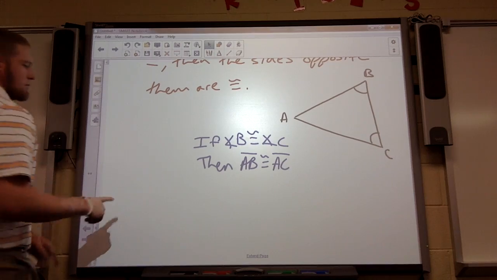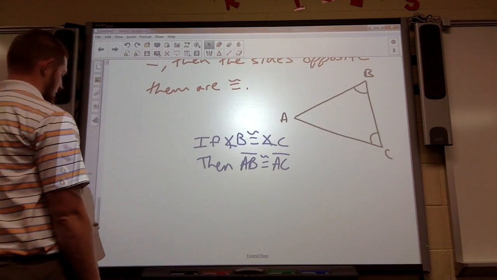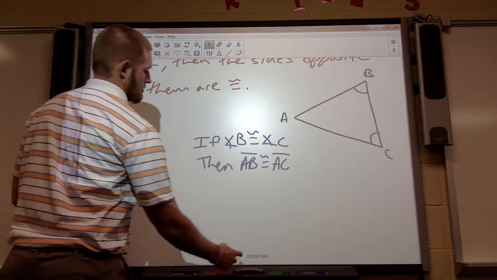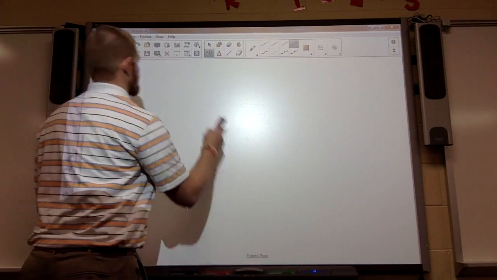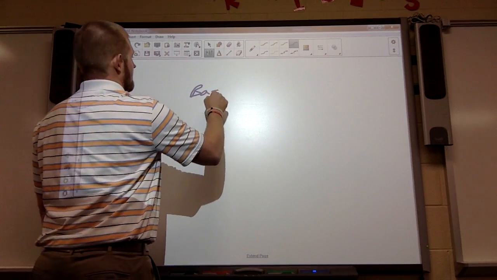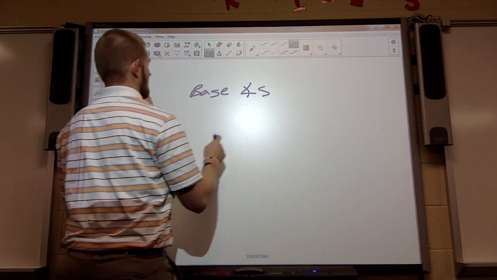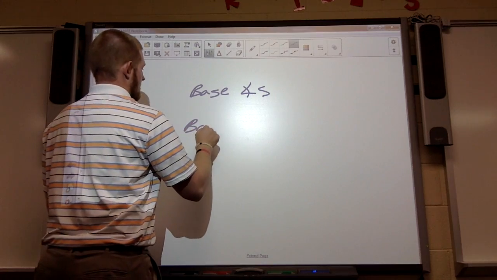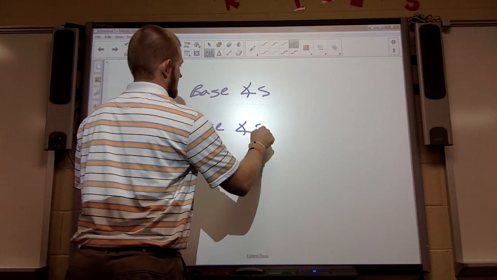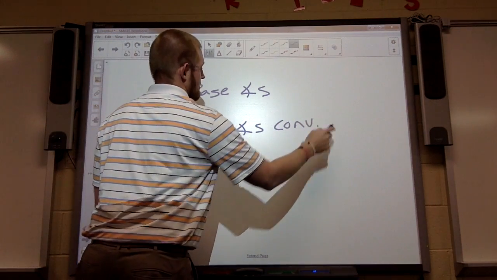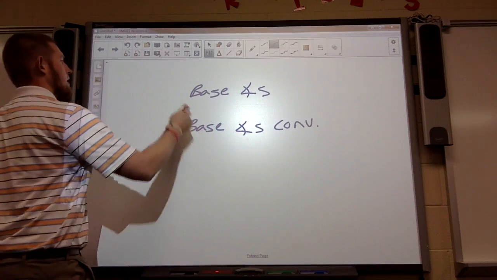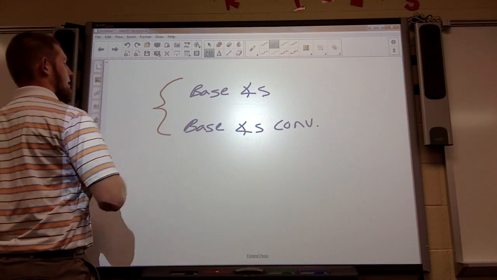Okay, but what I want you to do is on your theorem sheet you should have base angles, and then you should have base angles converse right below it. Go ahead and off to the side, put a little bracket.